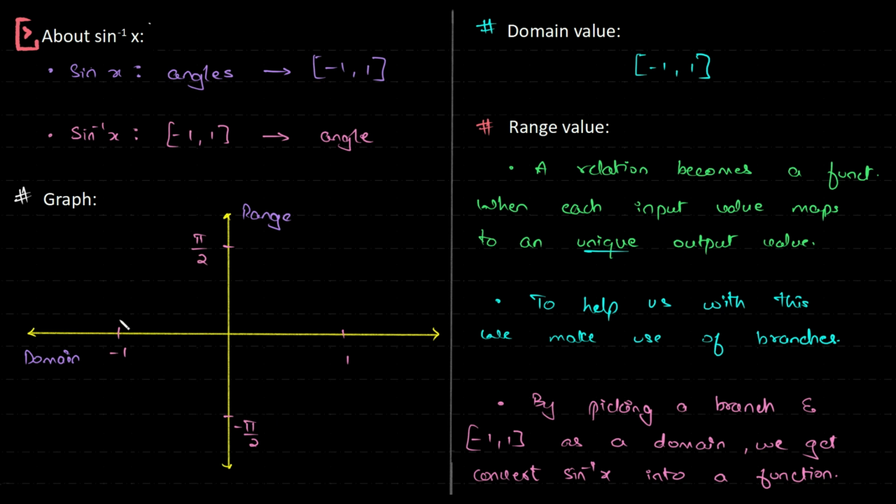So when we have minus 1 as the input, I'll get minus pi by 2, and this would be plus pi by 2, and the graph would look something like, not exactly that, but yeah, that's the best I can do as of now. That's decent. So that would be your graph for sine inverse of x.